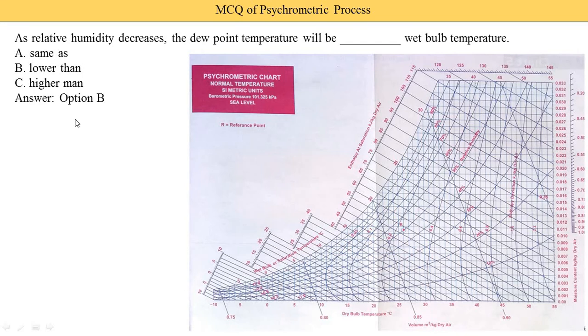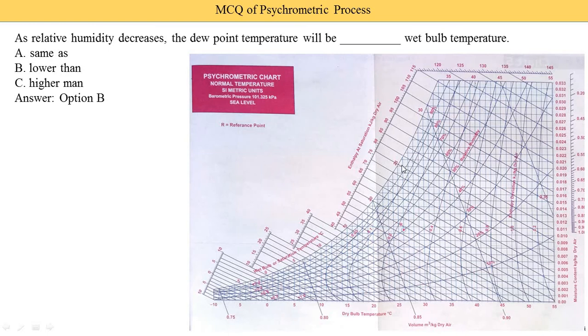I think it is lower, because suppose we draw one line of wet bulb temperature 25, this wet bulb temperature line is inclined. So on the 25 line, suppose here it is 60% relative humidity, here 80%. Suppose we change the dry bulb to 30 degrees. At 100% humidity, the dry bulb, wet bulb and dew point temperatures are all the same, because here you see it is 25. So at 100% all three temperatures are the same.